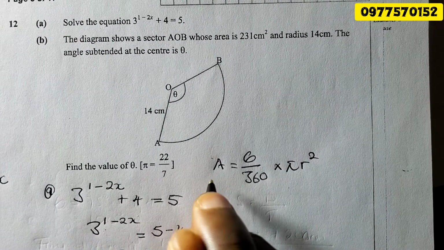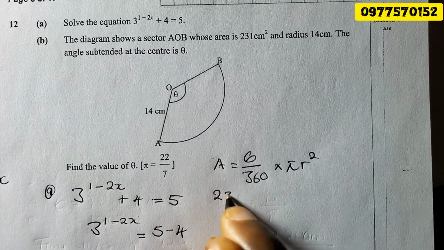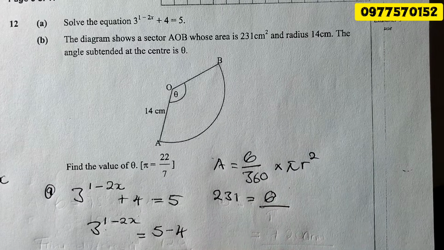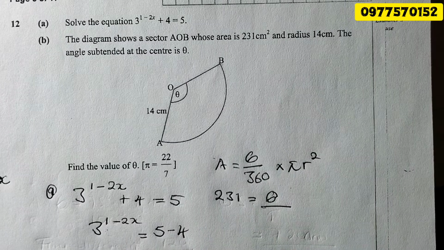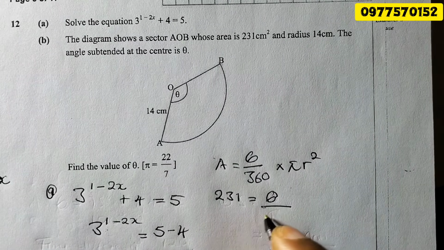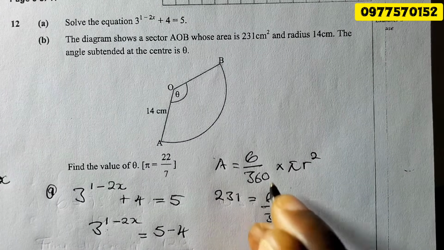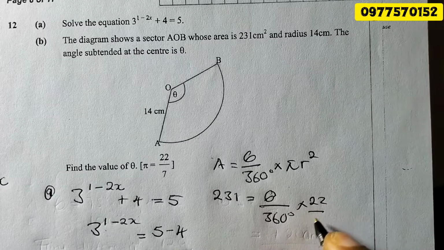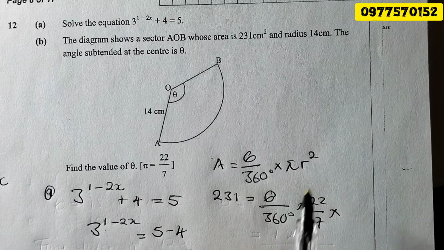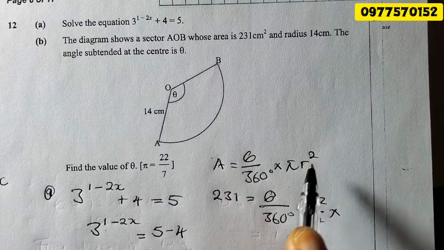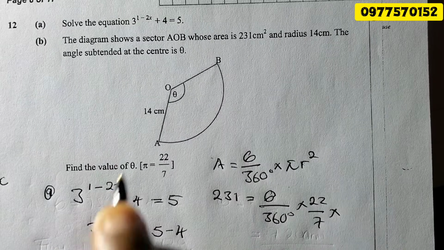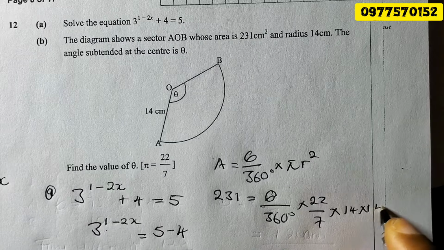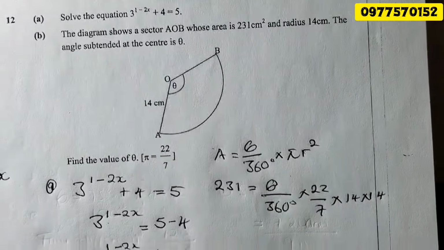Where there is A, we're going to substitute 231 is equals to theta, just theta, because this is the figure we want to calculate, over 360 degrees times pi, which is 22 over 7, times r squared, which is 14 times 14. Simple.